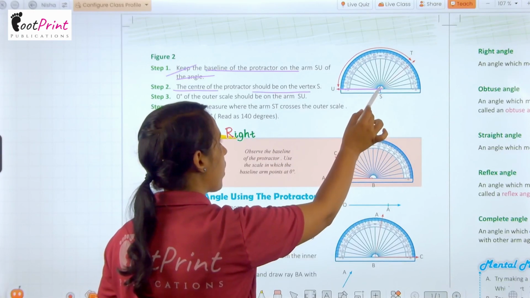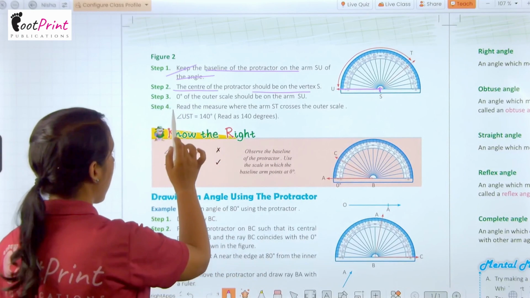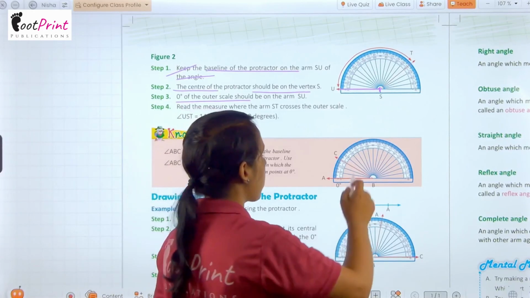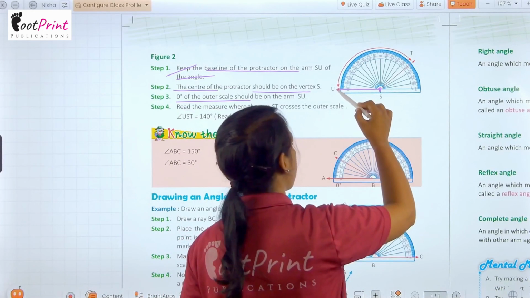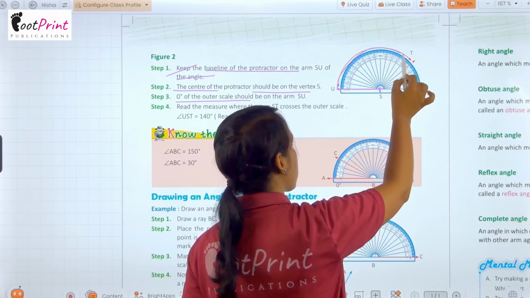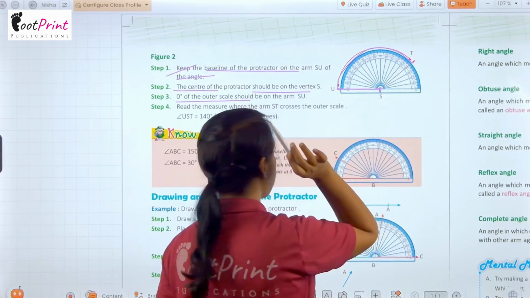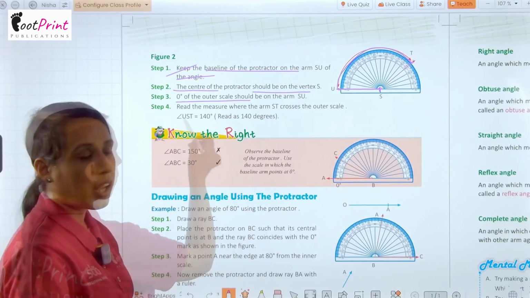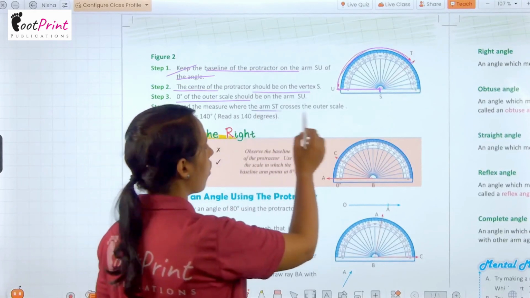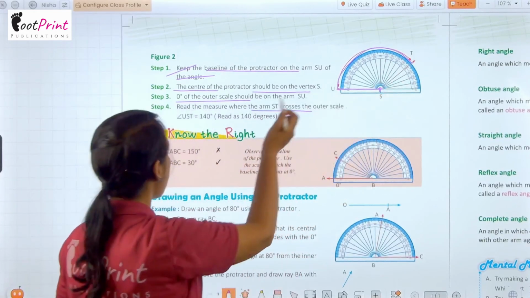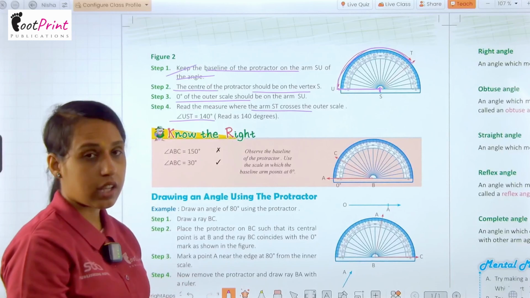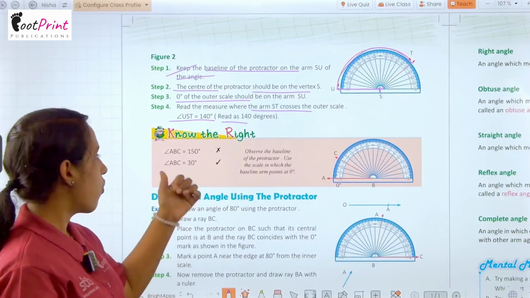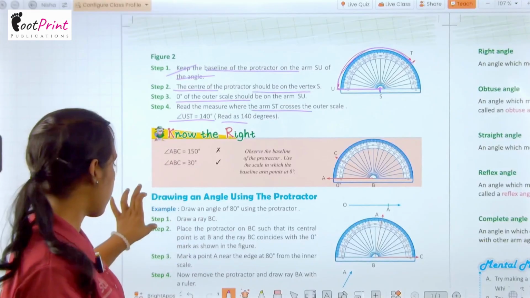After that, 0 degree of the outer scale should be on the arm SU. We measure until we reach TS, and here we are using the outer scale. Then we read the measure where arm ST crosses, that is angle UST equals 140 degree, or we can read it as 140 degrees.